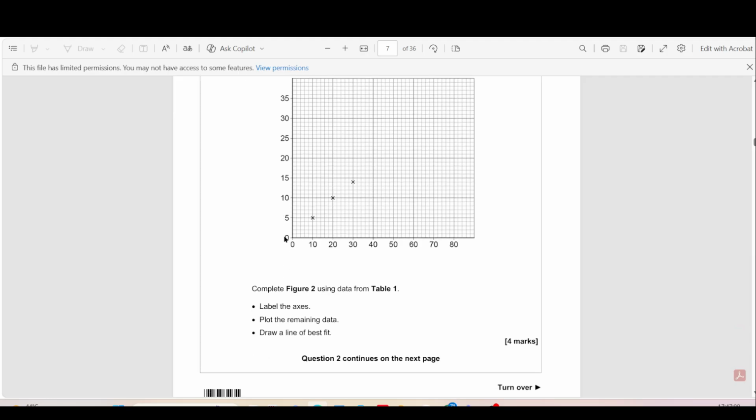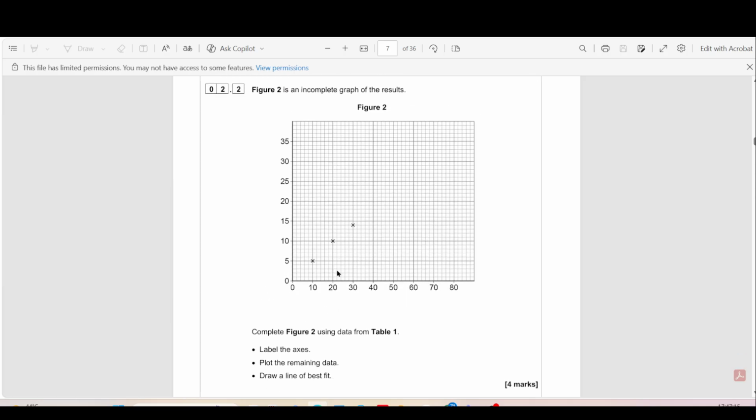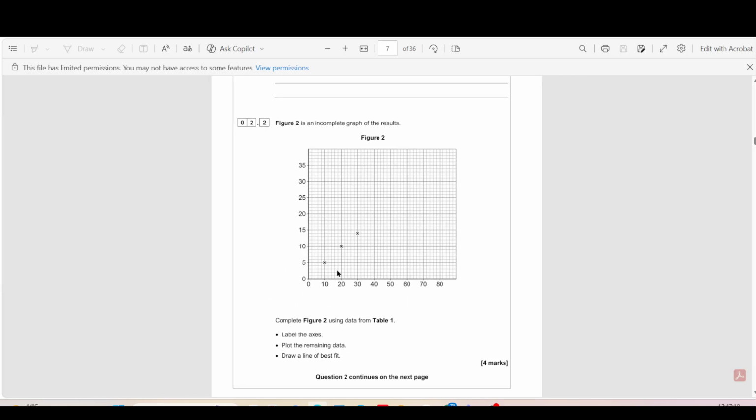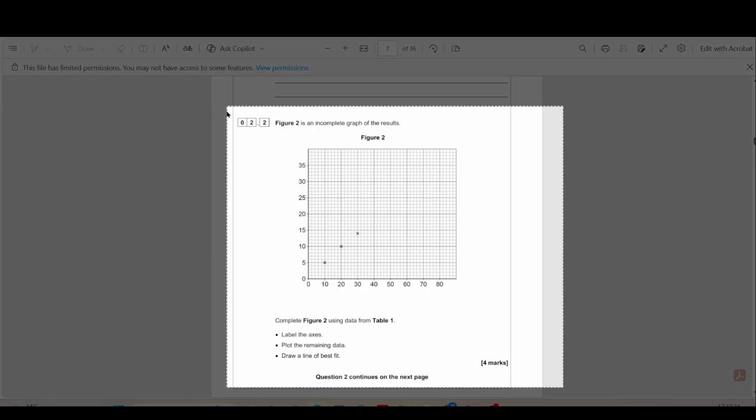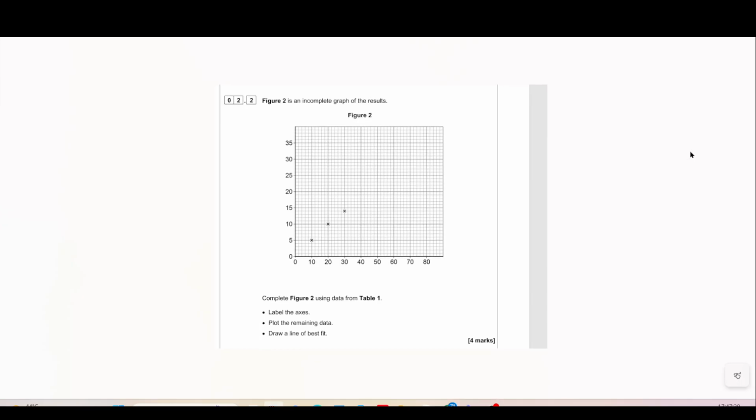Okay. Did you draw the line of best fit? No. Line of best fit means, did you connect the points? No. Okay. Connect the points by a line.